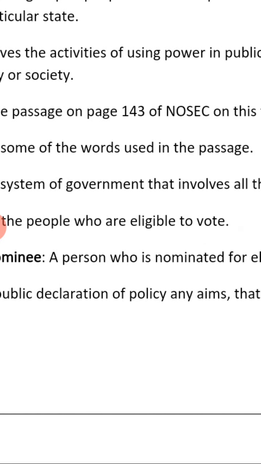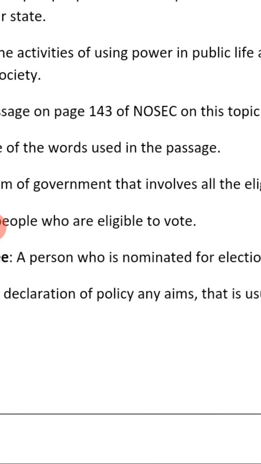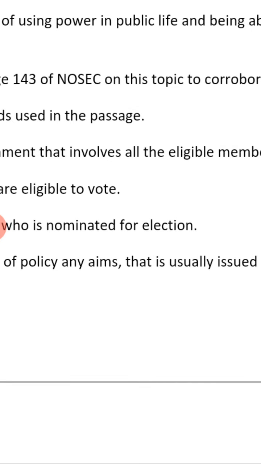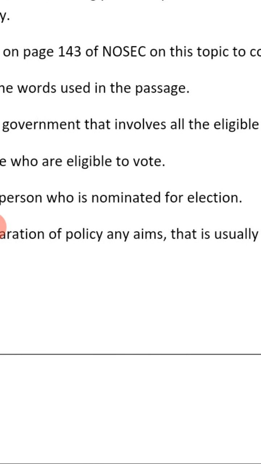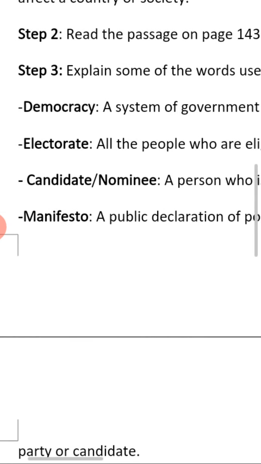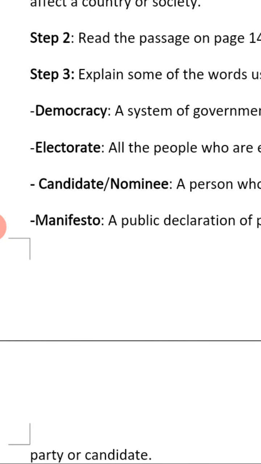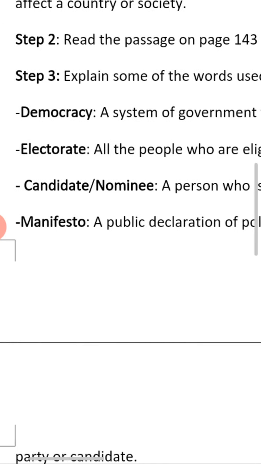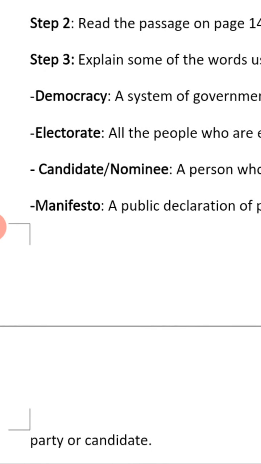This is a person who is nominated for election, that is, the person that is going to contest, or the person that we intend to showcase so that he or she can be voted into power. That does not mean automatically the person is going to occupy the position of power, but we are looking forward to maybe he can become somebody that will represent us in power. Such a person is known as nominee or candidate.